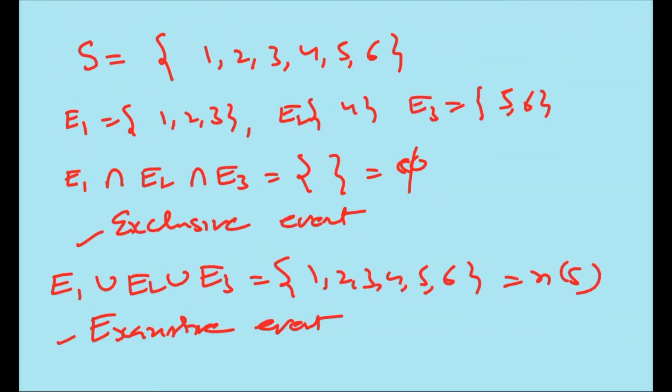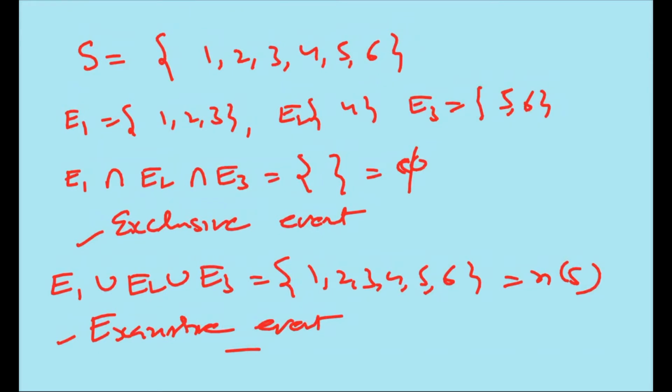A number of subsets may be exclusive and exhaustive, or not exclusive and not exhaustive, or neither exclusive nor exhaustive. When the intersection is phi, then it is exclusive. When the union is the sample space, then it is exhaustive.